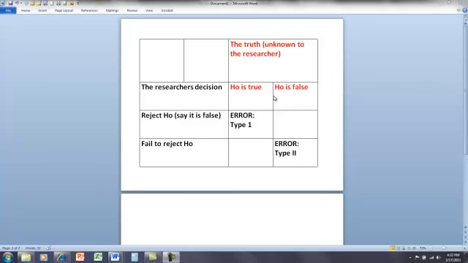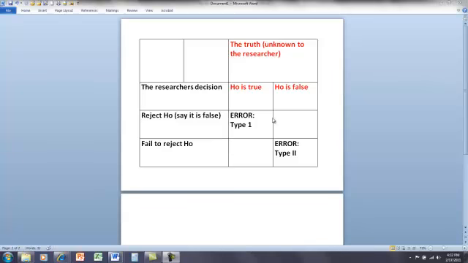Based on the samples that we have, based on the statistics that we evaluate, we're going to make a decision. That's over here in row 1 and row 2. In row 1, we reject the null hypothesis and say there is a difference. And in the second row, we say that there really is no difference, and we fail to reject the null hypothesis.